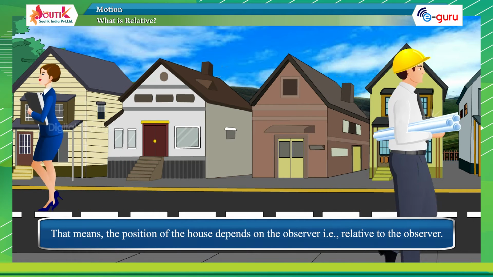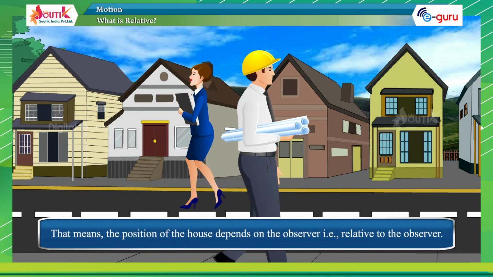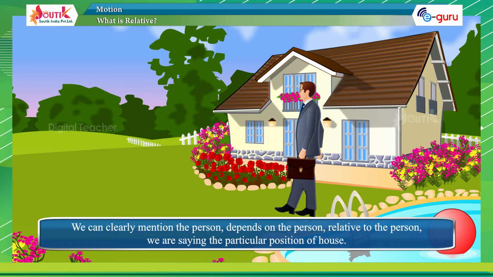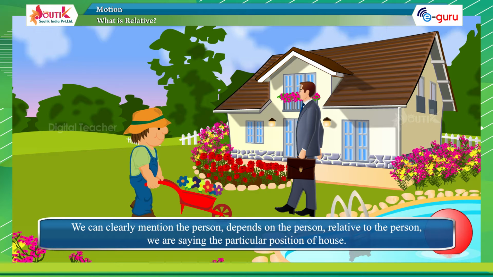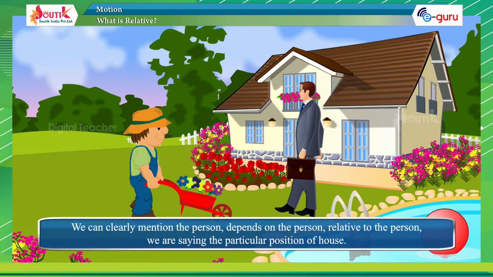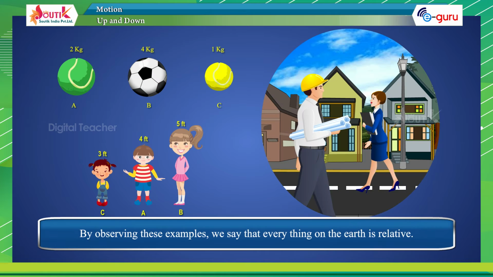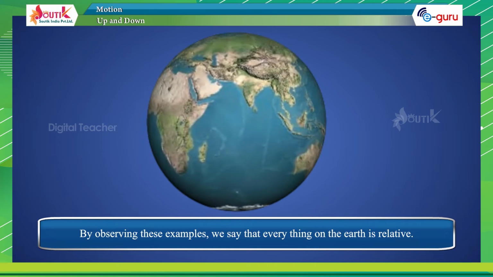That means the position of the house depends on the observer, that is, it is relative to the observer. We can clearly see that the particular position of the house depends on the person. Up and down too.